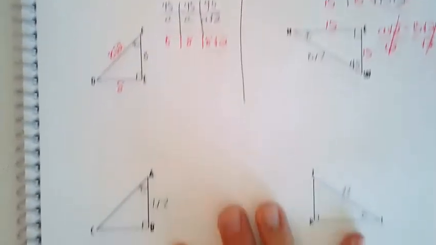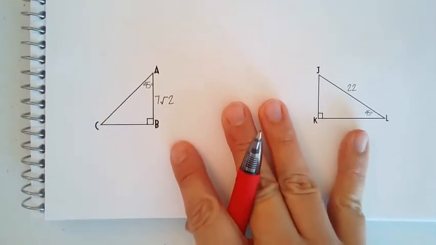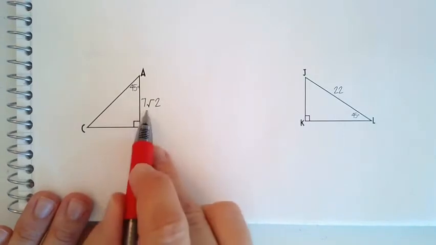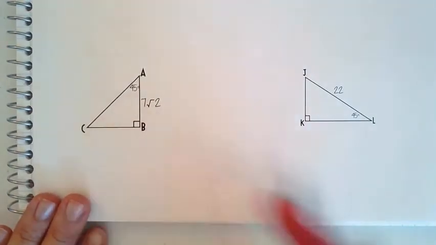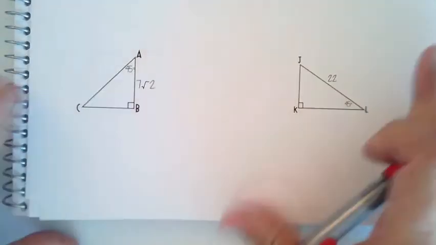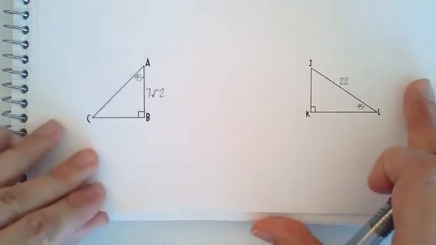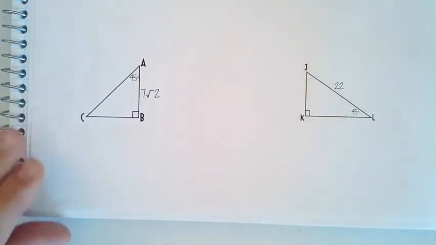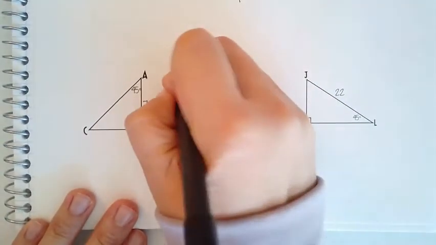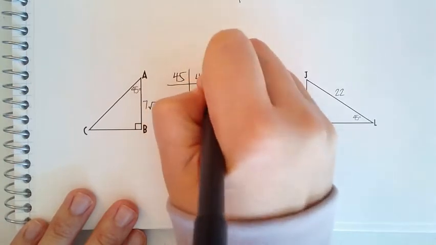Okay, here's our next one. This one looks a little different. This one is giving me a leg as 7 root 2. That's weird. We might think this is labeled wrong. It's not. It's just a different looking side, and that's fine. So I'm going to write my table, thinking about my special right triangle.